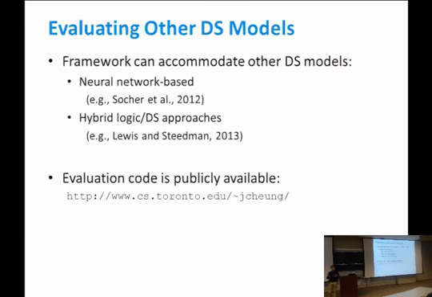But more importantly, we now have an evaluation framework that can let us evaluate many of these other methods that are being proposed recently, for example, methods based on neural networks, or some recent hybrid logic and DS approaches. The evaluation code for this framework is available on my website.